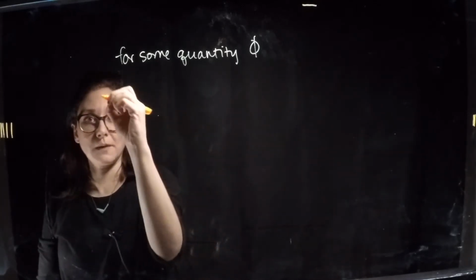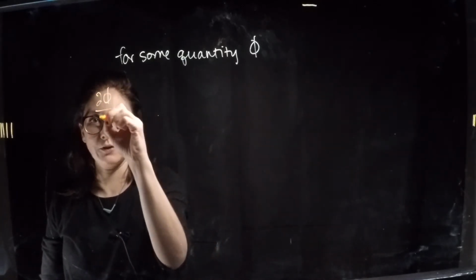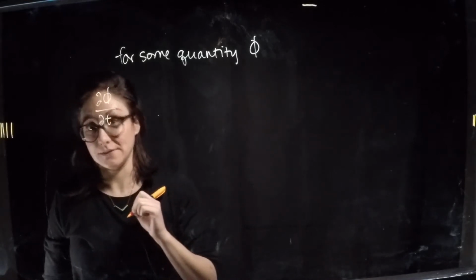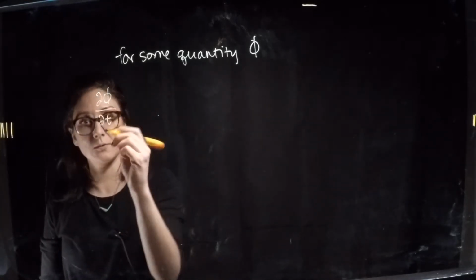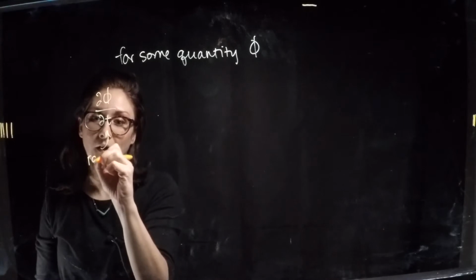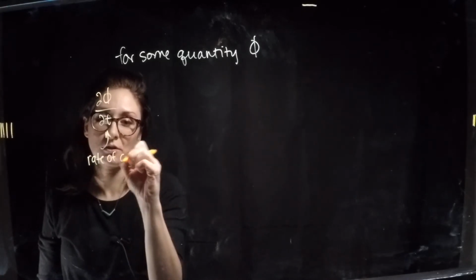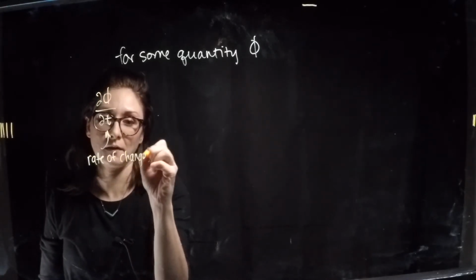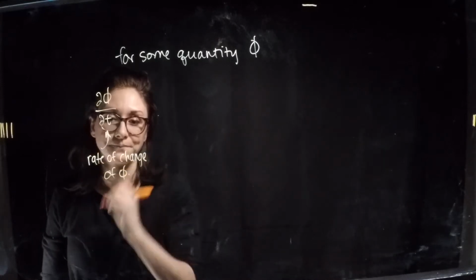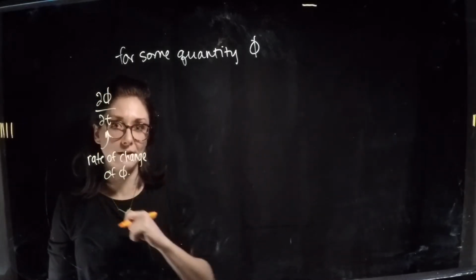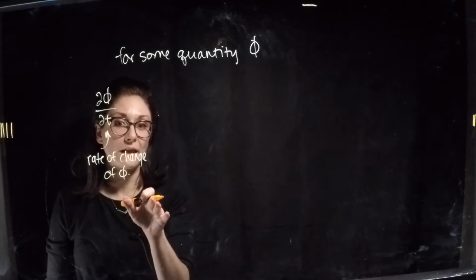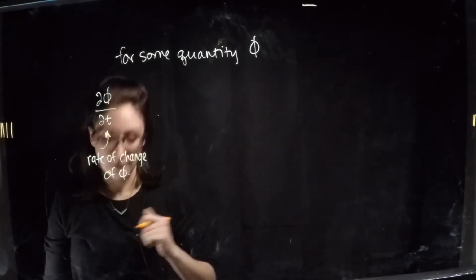Okay, so the first term that we have is we want to know how this quantity is changing in time, right? So this is what we'll call our rate of change of phi. Since we're writing it as positive, this is the rate that phi is increasing.